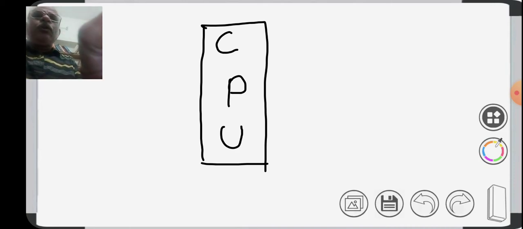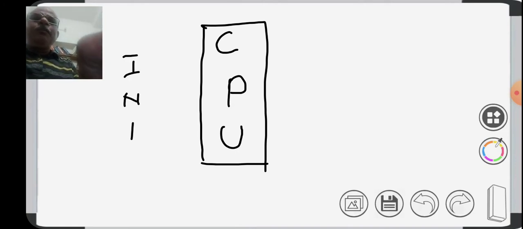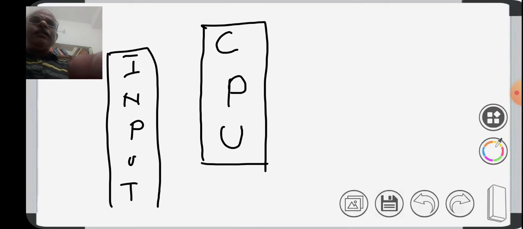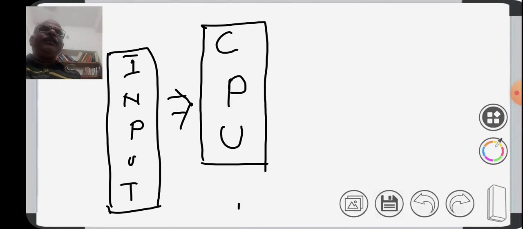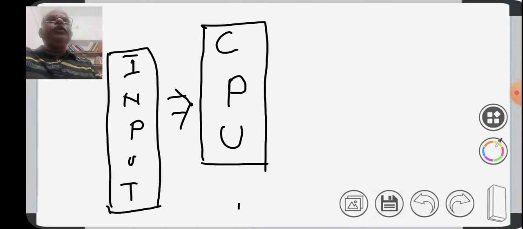The most important unit which we want to connect with the computer is the input unit. This is another block, and this block is responsible for inputting the data to the central processing unit. I will draw an arrow here. This arrow signifies the bus, meaning the input unit is connected to the central processing unit with hard wires, and a bunch of hard wires is called a bus in microprocessor or computer terminology.